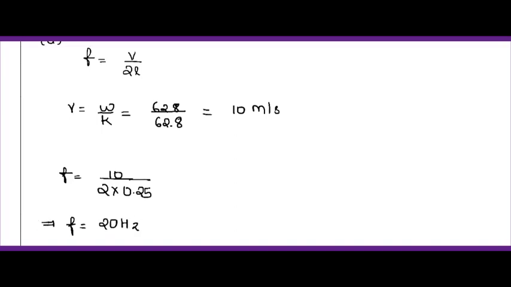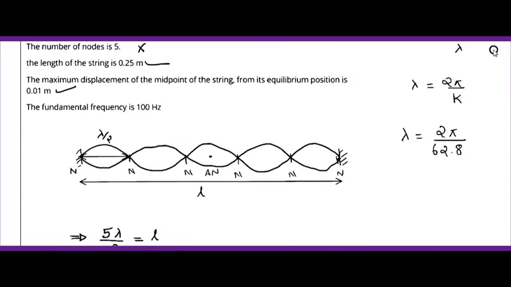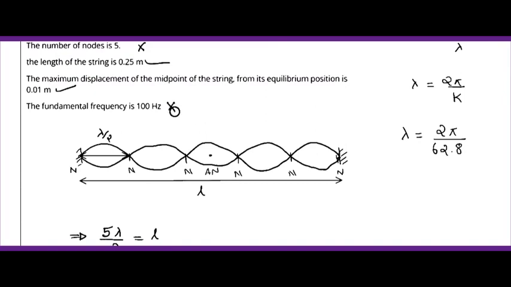So our fundamental frequency will be 20 hertz. So we write it, fundamental frequency. But in the option, the value of fundamental frequency is given as 100, so it is false. So this is our question and we have completed it.